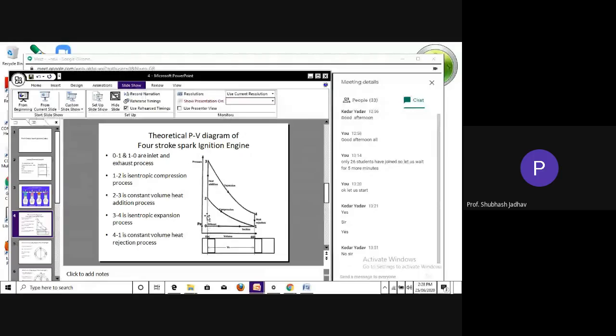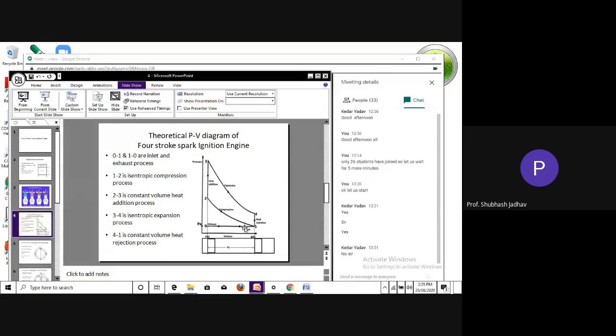So this would not be a closed cycle, but we want a closed cycle because we want to analyze it. Thermodynamic analysis has to be made possible. So in order to make it amenable for thermodynamic analysis, we added one extra process, which we call the constant volume heat rejection process. And now, since it is a closed cycle, we can go for thermodynamic analysis of a closed cycle.